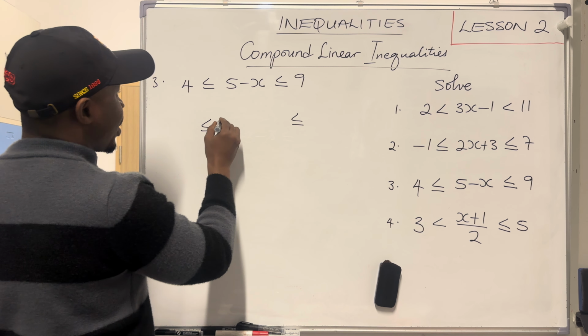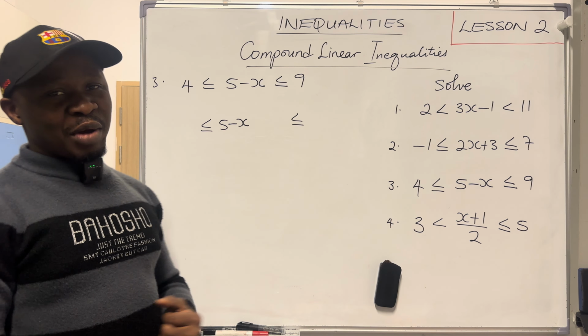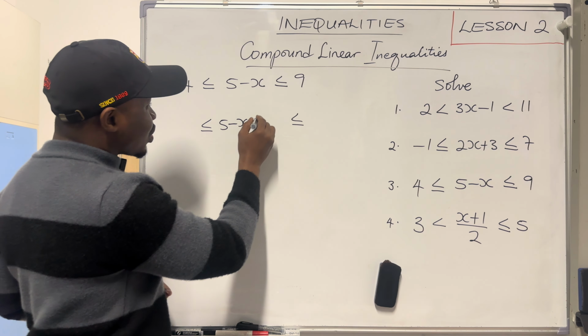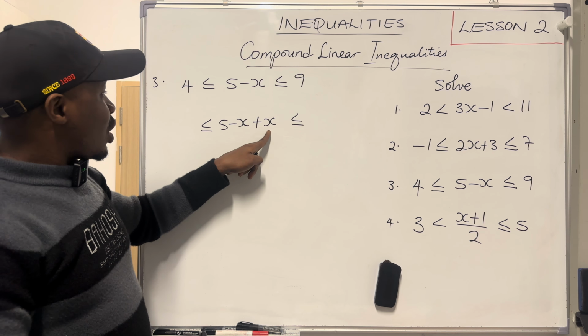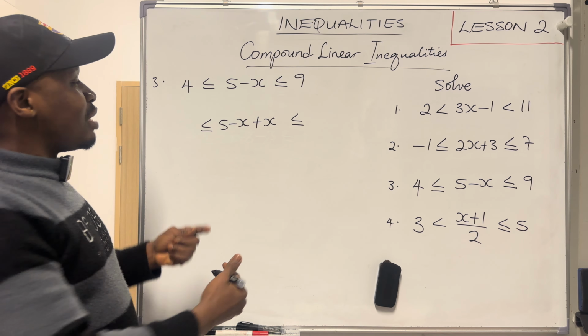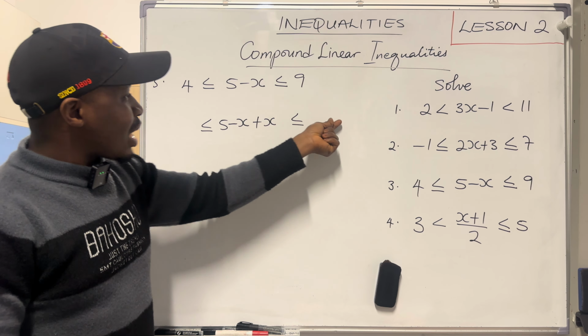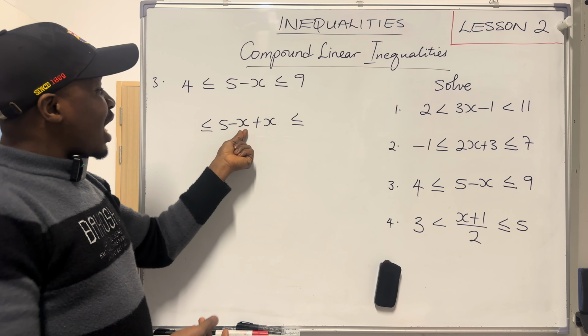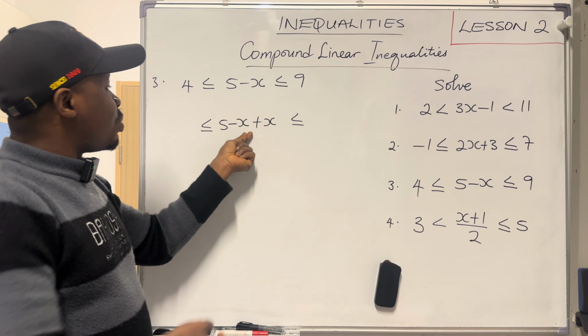So what do we have here? We have 5 minus x, but we need only the x term. Can we say plus x? No, if you say plus x, minus x plus x will eliminate the x from being between the symbols. Once you add plus x here, here and here, you've eliminated x from being between the symbols. And x has to be between.